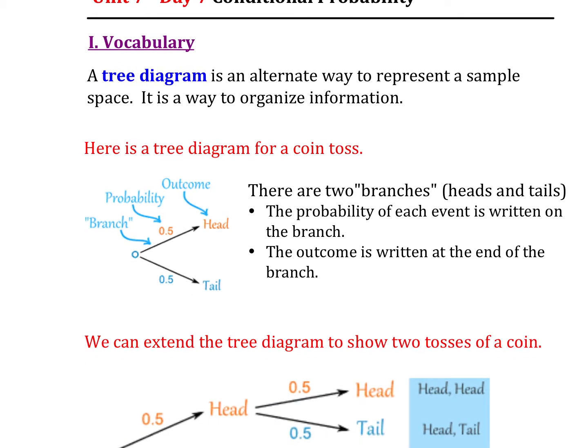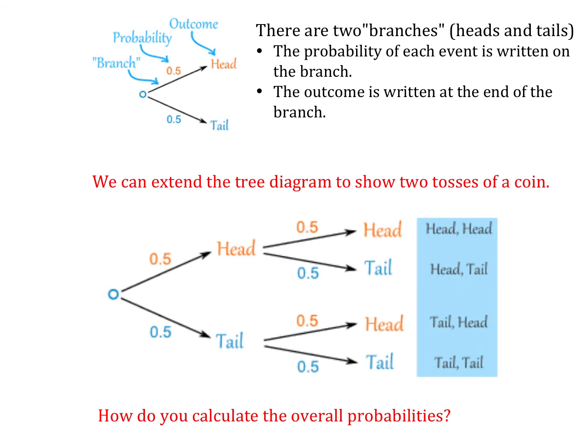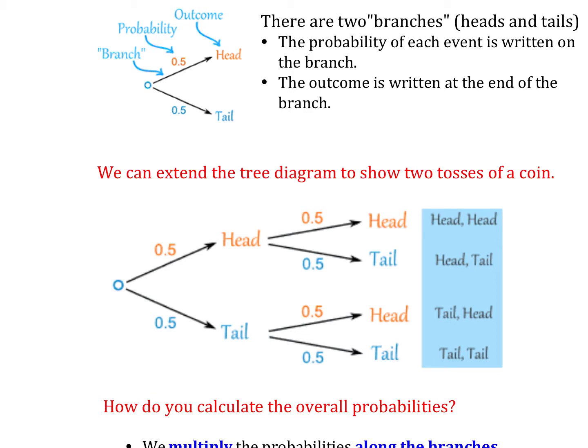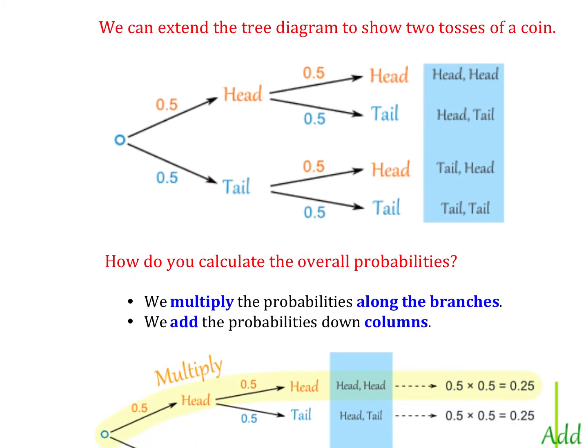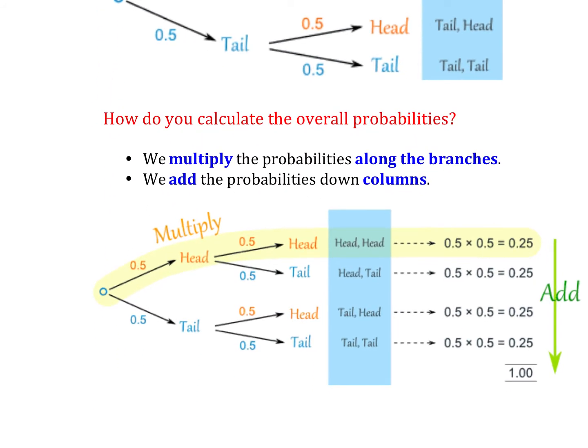Now you can also extend extra layers beyond the branches, and that's going to represent a second event. Here we have the first coin flip, 50-50 shot. The second coin flip, also 50-50 shot. On each set of branches, these would add up to be 1. Now, if I wanted to calculate the probability of flipping heads then heads, heads then tails, tails then heads, or tails then tails, I'd multiply as I go along the branches.